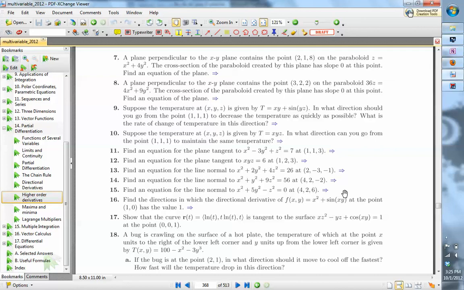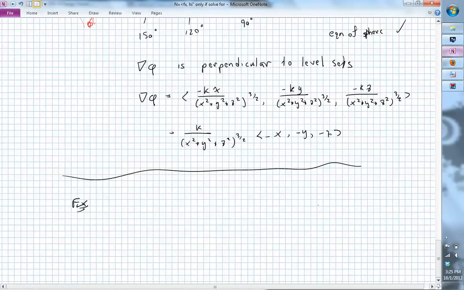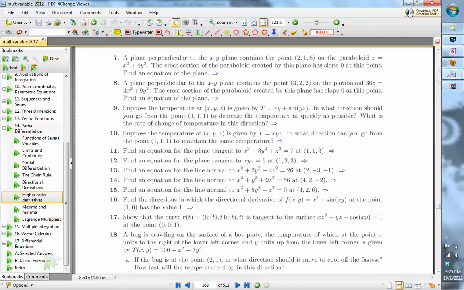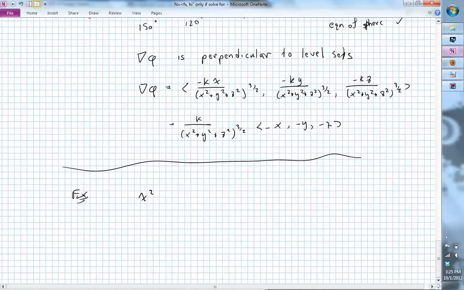Rather than worry about that, let's just use this new tool that we have. I'm going to look at x squared minus 3y squared plus z squared. I already forgot it, I have a short-term memory issue here. Minus 3y squared plus z. Okay, this is a level set of the function.